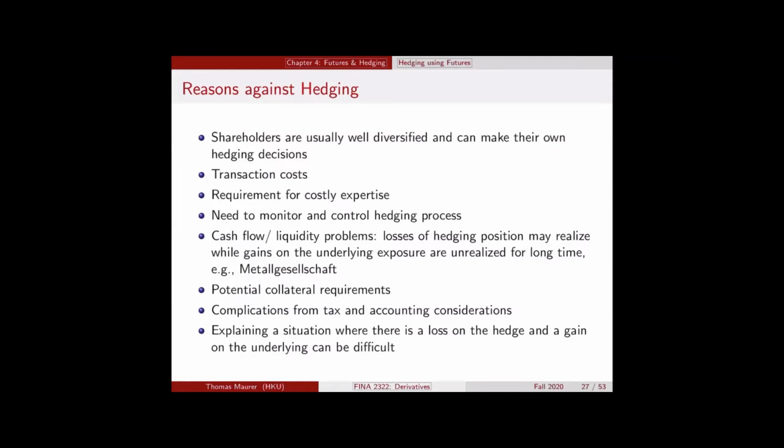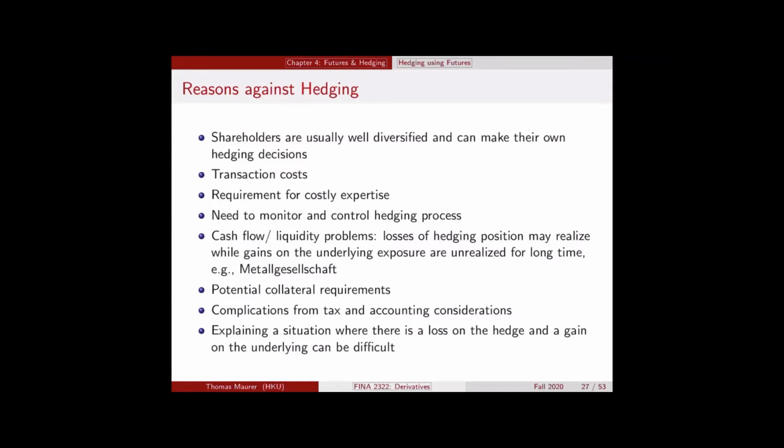Moreover, there might be some complications in how taxes have to be paid on the hedging positions versus the gains and losses on the balance sheet, and this also can complicate accounting and the communication with investors. Finally, it can be difficult to explain losses in the hedging position, even if they're offset by big gains on the balance sheet, because many times investors or the public don't understand that ex ante hedging reduces risks.